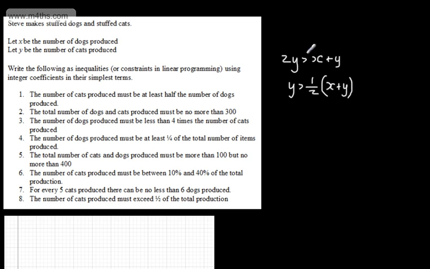I want integer coefficients, so this one is going to simplify really quite nicely to y must be greater than x. So hopefully you can see by now that algebraically we're simply writing the opposite statement. We need 2 lots of y to be greater now than x plus y.